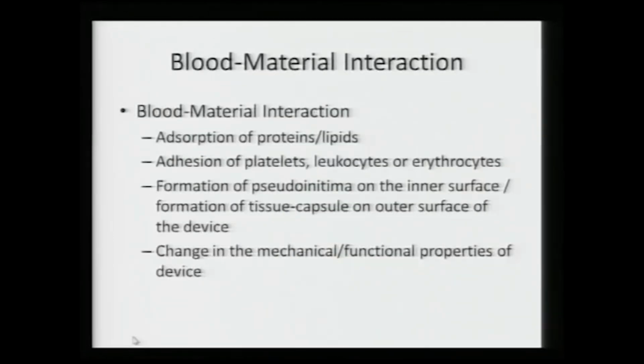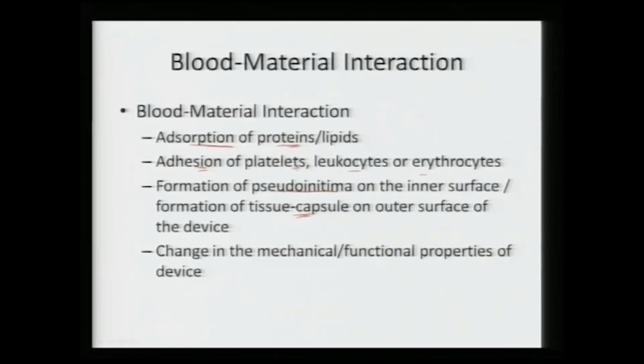So, it becomes very essential to evaluate the blood material interaction, because as soon as a foreign material is implanted into the body, there is an immediate adsorption of proteins or a lipid layer on the surface. As soon as we have a device, it gets adsorbed by proteins or lipids, followed by the addition of platelets, leukocytes or erythrocytes, and later on there can be formation of pseudointima on the inner surface, which leads to the formation of a tissue capsule on the outside surface of the device.